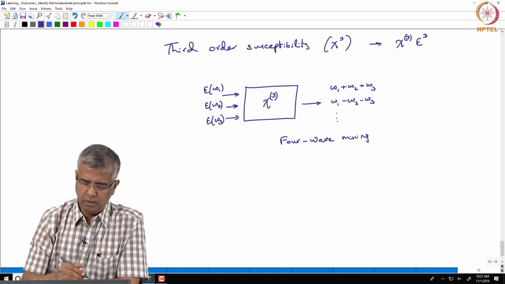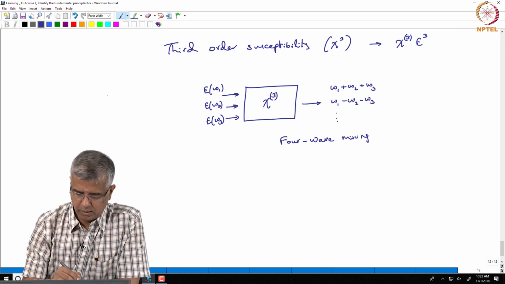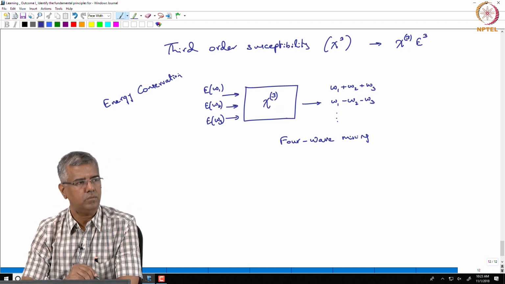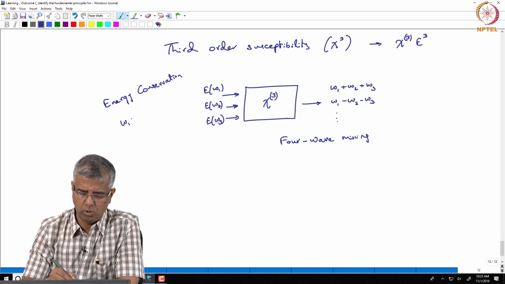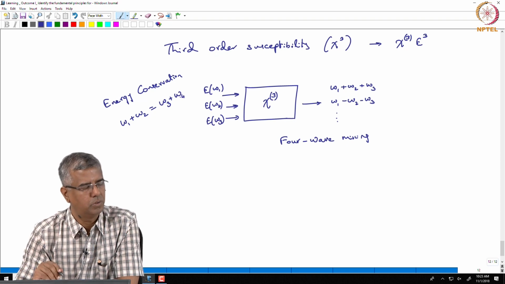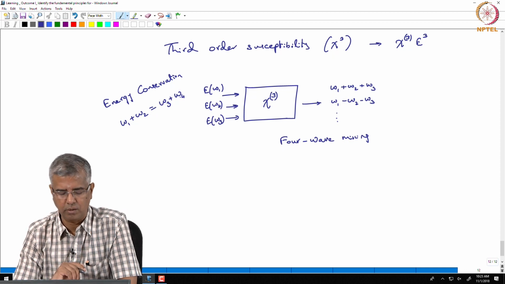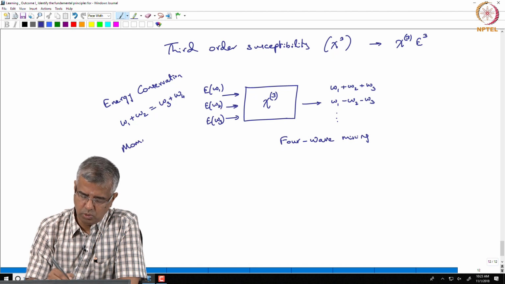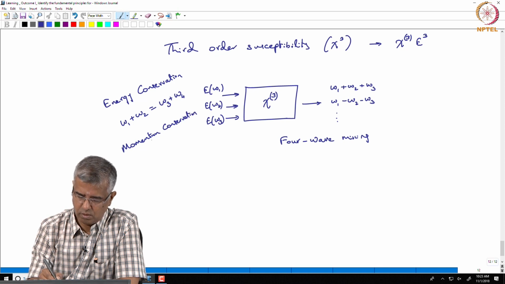But the key thing to note here is you need to have energy conservation, which may say that omega 1 plus omega 2 should be equal to omega 3 plus omega 4, that sort of thing. So, corresponding frequency you can write down. So, you need energy conservation, but you also need momentum conservation, right.